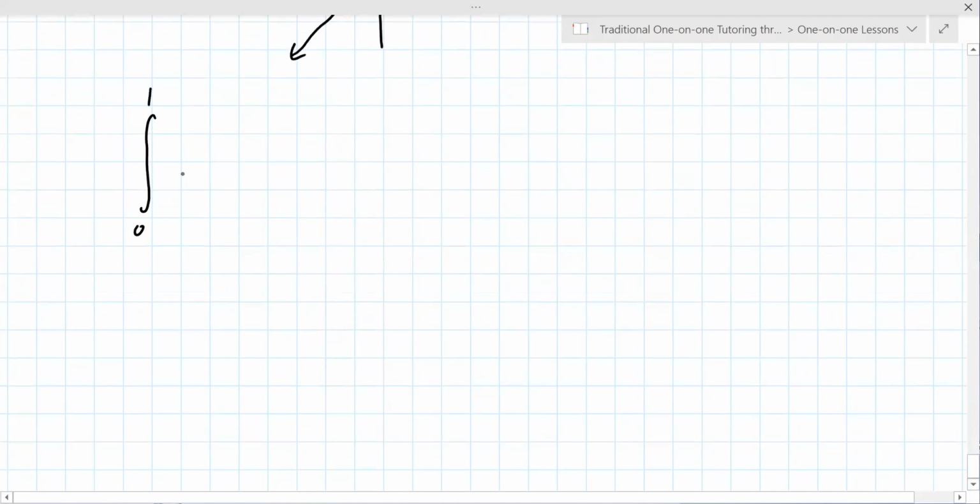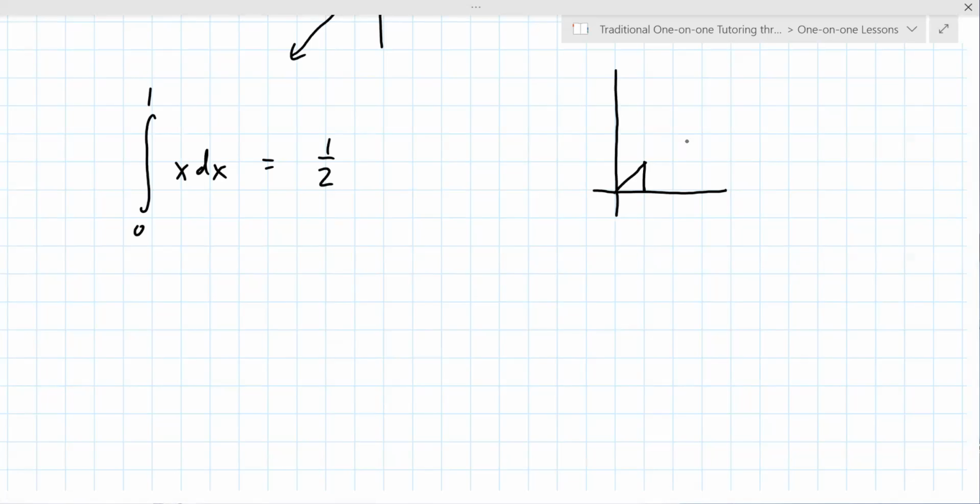All right. So we've already done this example a lot, but let's just do it again in this context. The integral from 0 to 1 of x dx equals 1/2. That's the area under the curve from 0 to 1, this little triangle here. So you already know that's 1/2. What is the integral from -1 to 0 of x dx?